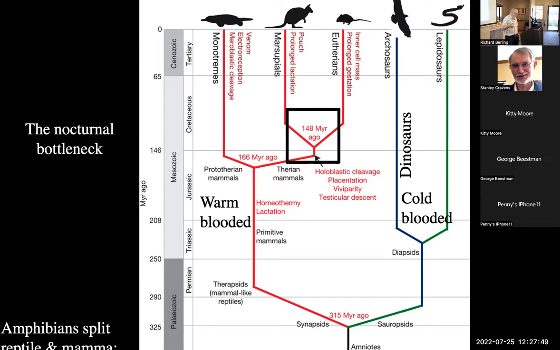And if you're thinking about surviving between these two groups, if you're warm-blooded, that allows you to have access to nighttime survival.